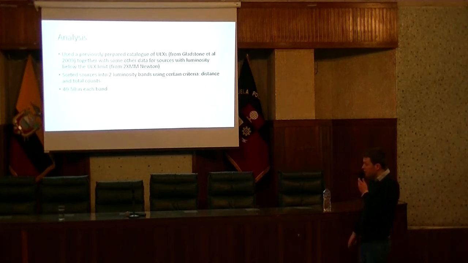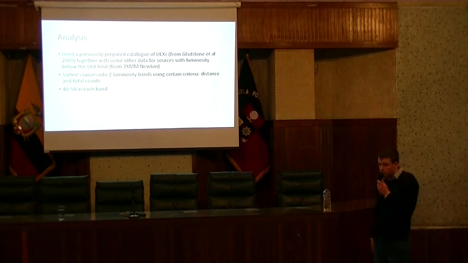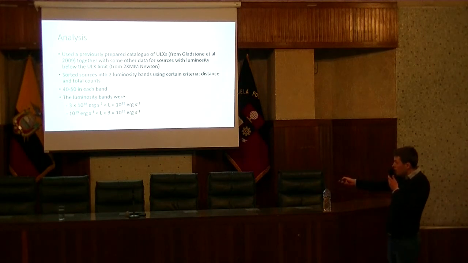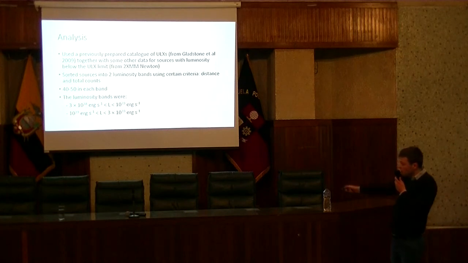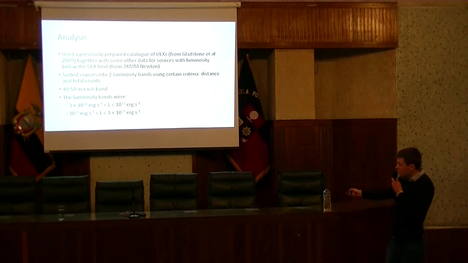I had 40 to 50 sources in each band, which is enough to make statistically significant conclusions from the analysis of the data. The luminosity bands that I chose were, remember this is the 1 times 10 to the 39 ergs per second, sources above this are defined as ULXs. So I chose the band below this and a band above this.